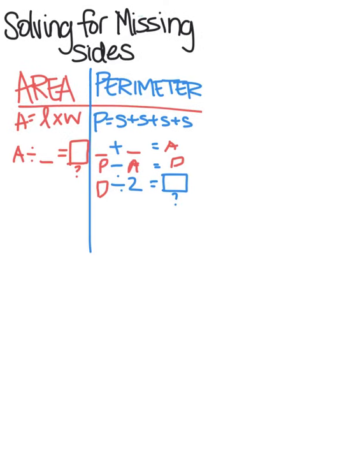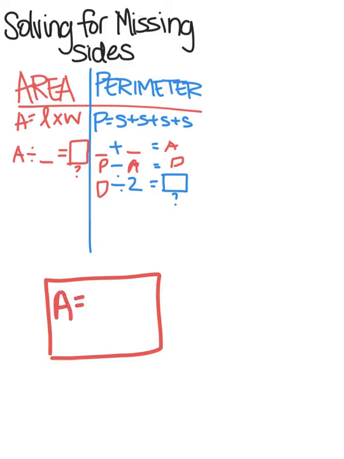All right, so let's try where we are given the area first. Let's do A equals 54 inches squared.